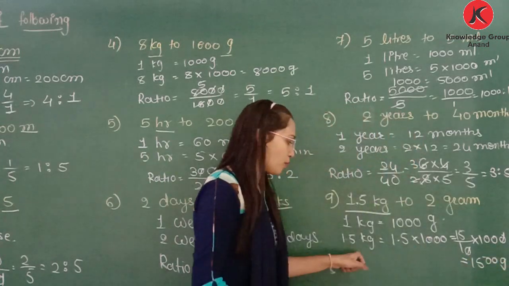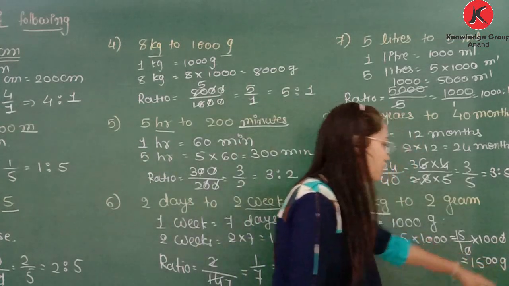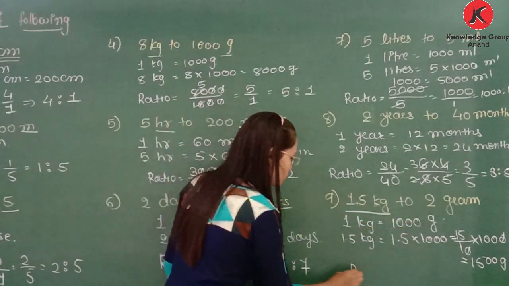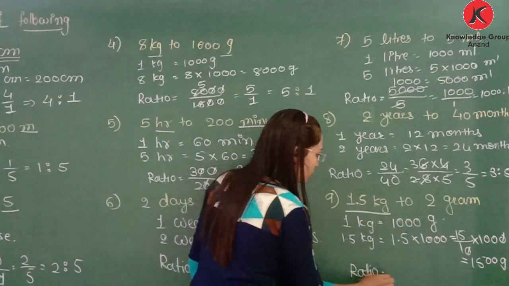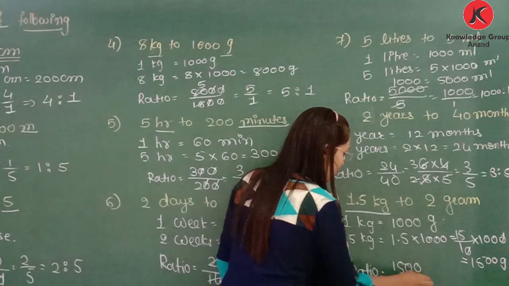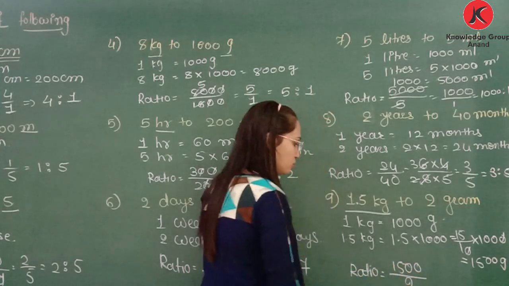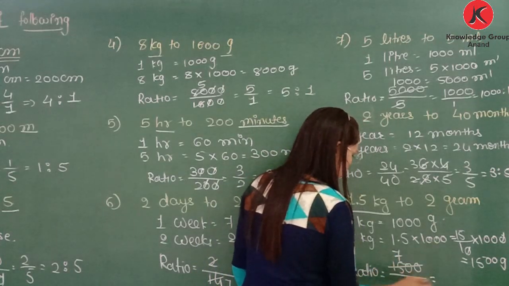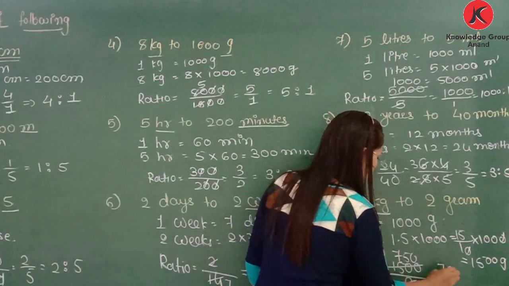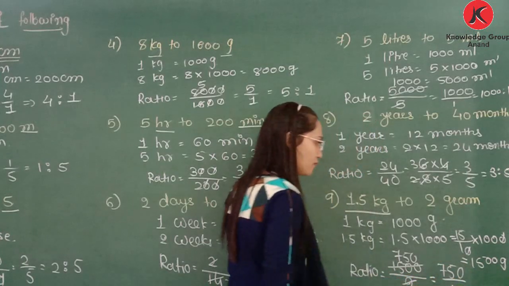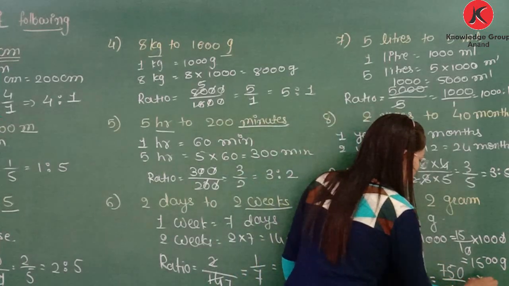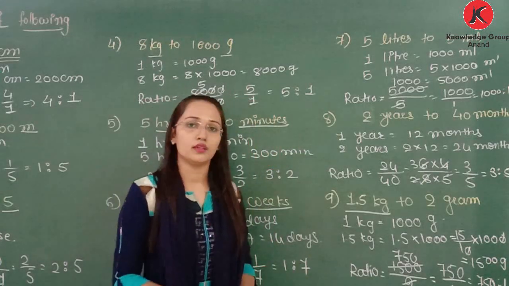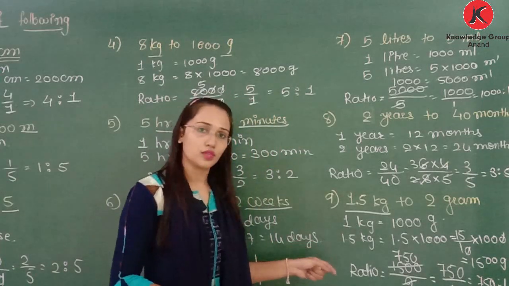It means 1.5 kg is equal to 1500 gram. So we converted kg into gram. So the ratio will be 1500 divided by 2. Here you can cut the common factor: 750 by 1. So the ratio will be 750:1. Now I hope you are clear with finding the ratio of two numbers.